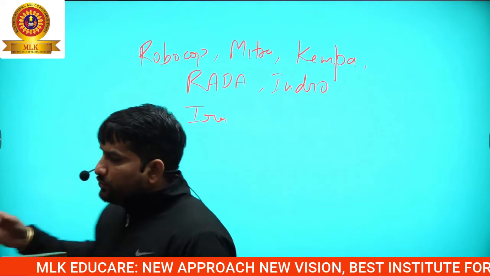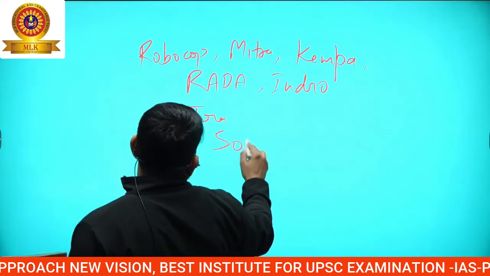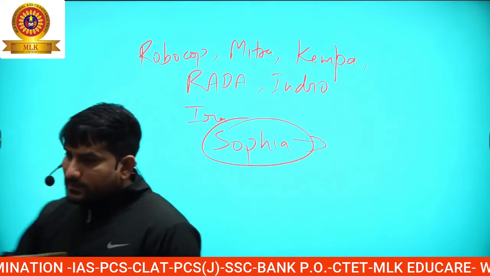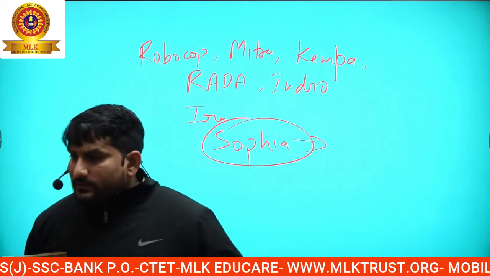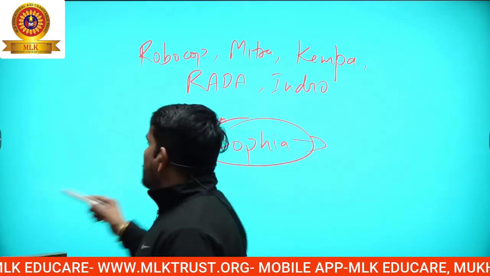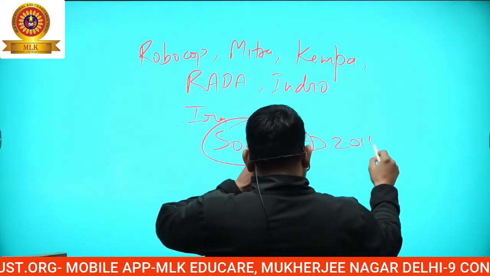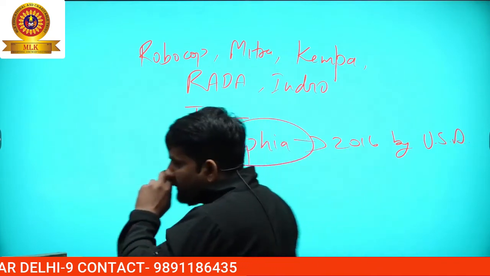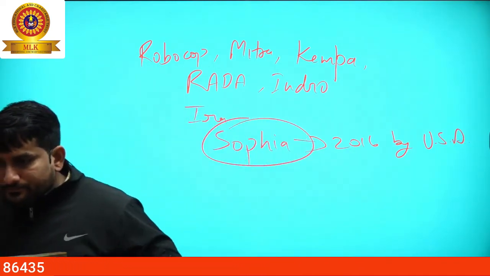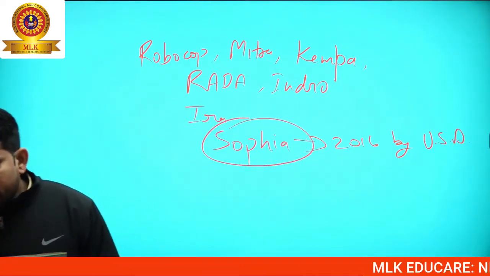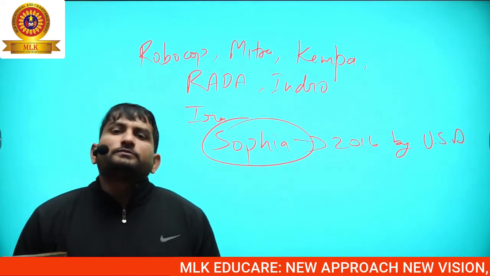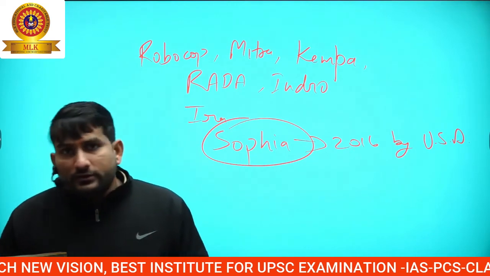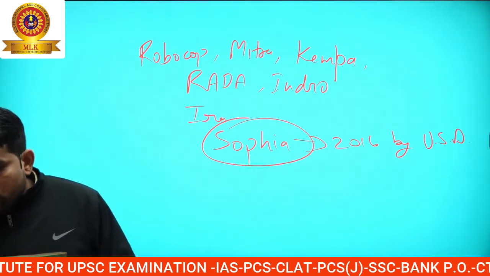One more name that comes up in robots is Sophia. The Sophia robot was developed in the year 2016 by the USA. Hanson Robotics was responsible for the design and development of this Sophia robot.